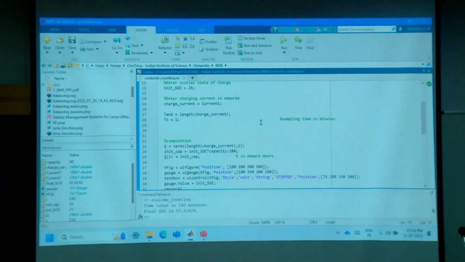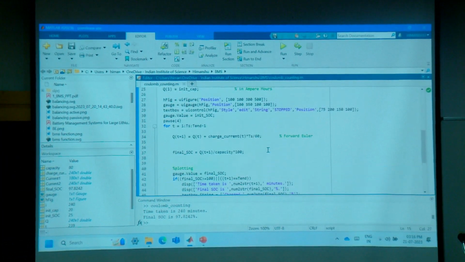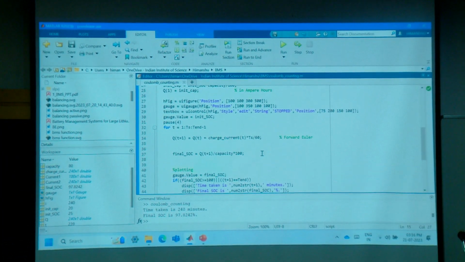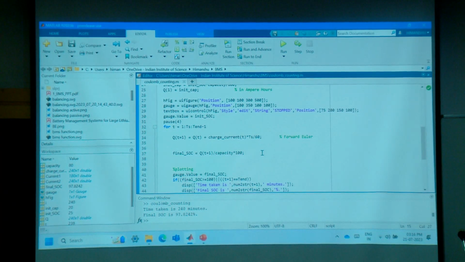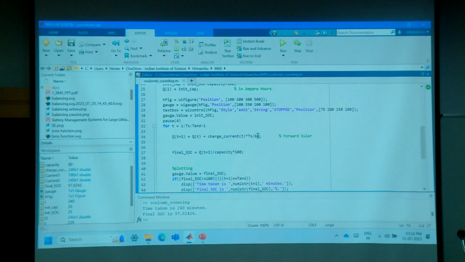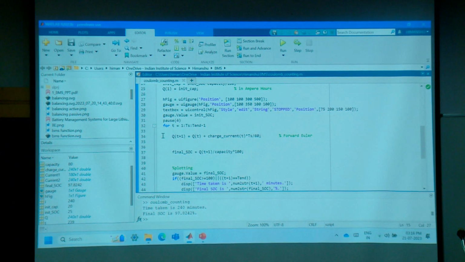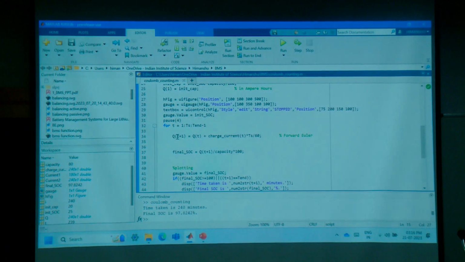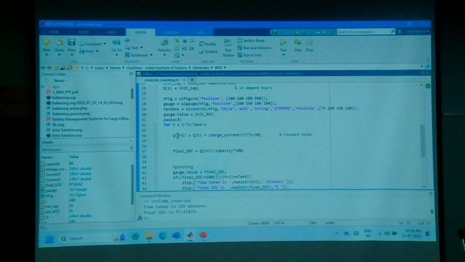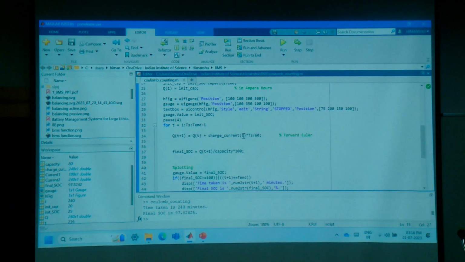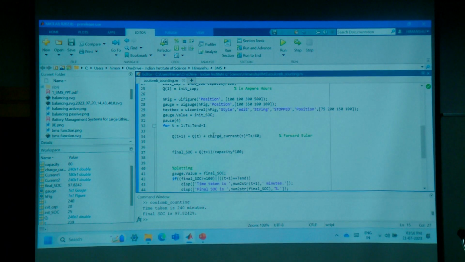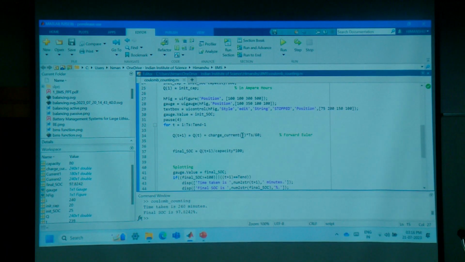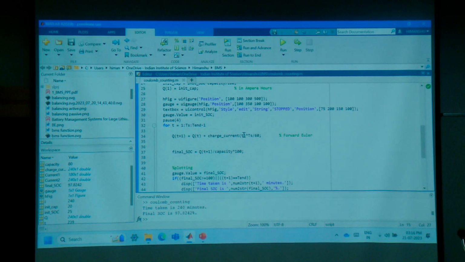So let us say I have the current one, a 3-hour charging profile. Coming to the algorithm here, as I showed different algorithms like forward Euler and backward Euler to implement in the discrete domain, this is the example of the forward Euler algorithm where I am predicting the t plus 1th instant charge by using the previous values, the previous charge and previous sampled current.